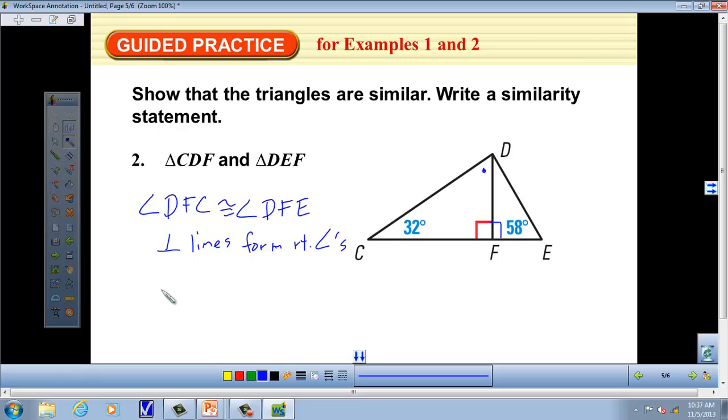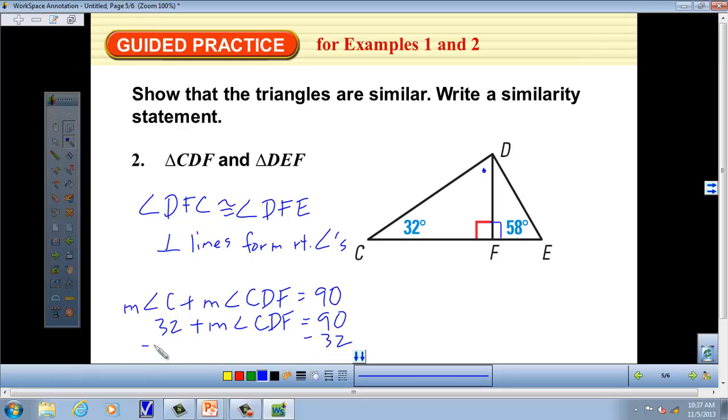We can say that the measure of angle C plus the measure of angle CDF equals 90. We know the measure of angle C is 32 plus the measure of angle CDF equals 90. We're going to subtract 32.